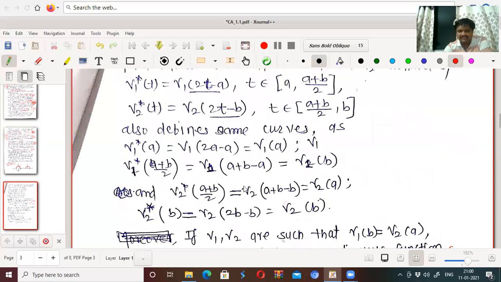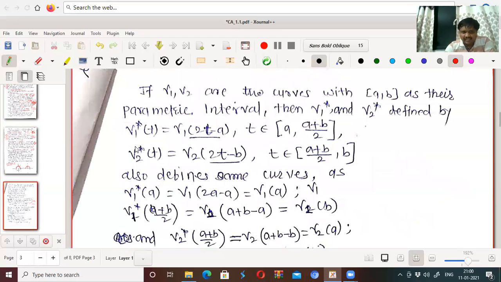It's very simple, C1 plus C2. Mathematically, we define gamma 1 star at t by gamma 1 at 2t minus a, and gamma 2 star at t by gamma 2 at 2t minus b. This is for t belongs to a to a plus b by 2, and t belongs to a plus b by 2 to b.